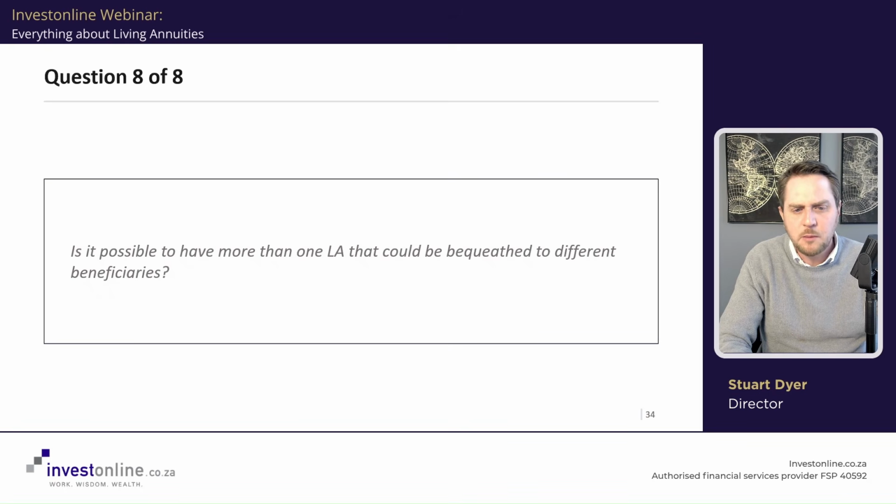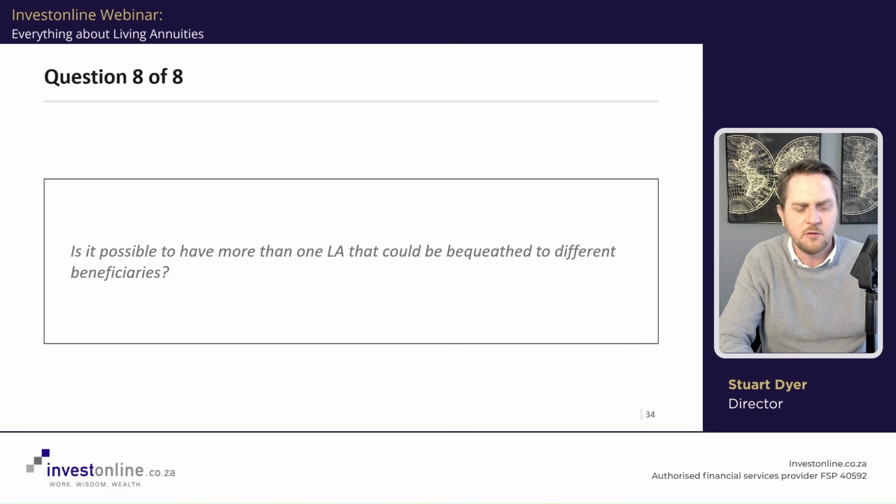So investment products are very powerful in getting beneficiary nominations right. And I know we've covered this in other webinars, and it's something to be aware of. And I think a lot of people spend a lot of attention on their estate planning when they're doing their will. And depending on how the investments are structured, the will will not only handle a small portion of their wealth. You've got to look at your tax-free investments.